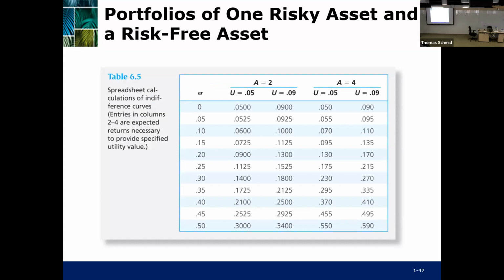So for this specific investment world, we are now trying to draw indifference curves for an investor. And actually, we are not doing this for one investor, we're doing this for two investors. One investor has a risk aversion of 2 and the other has a risk aversion of 4. So what is an indifference curve again?